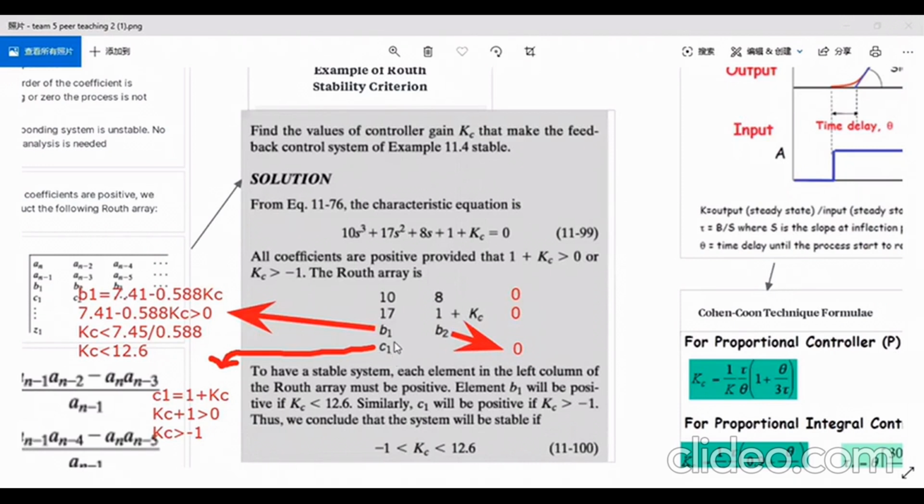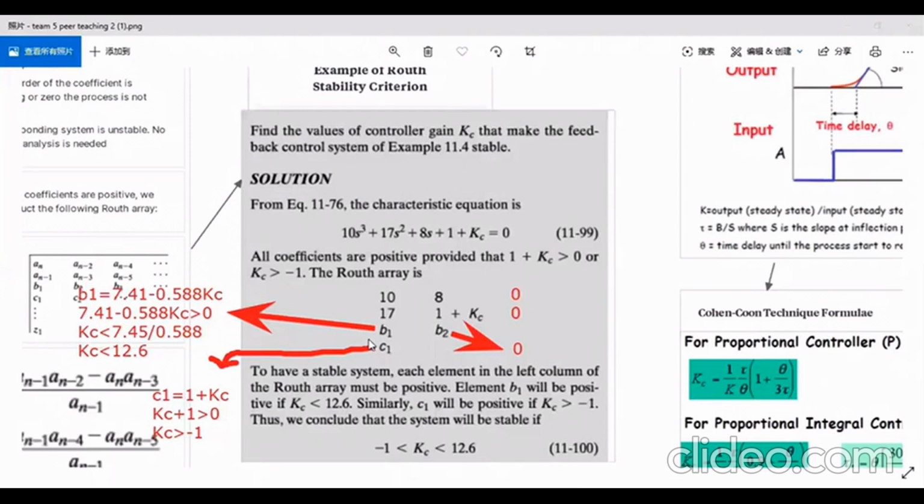The C1 is B1 multiplied by 1 plus Kc minus 17 multiplied by B2 over B1, so we will get 1 plus Kc. So to have a stable system, every element in the first column, you need to make it positive.